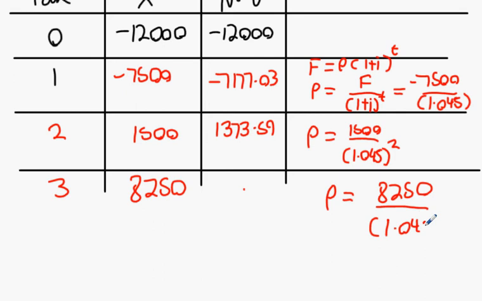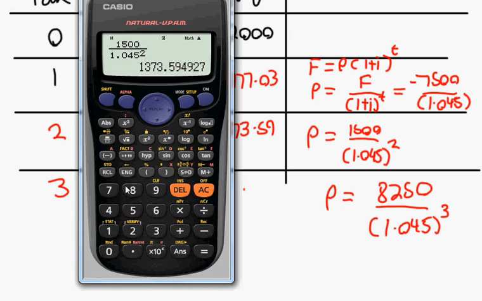Because it's 8,250 euro in 3 years' time, we could take a smaller sum of money, invest it for 3 years, and it'll sum up to 8,250 euro in 3 years' time. So we'll figure out what that is now. 1.045 to the power of 3. What do we get? 7,229.45, yeah?